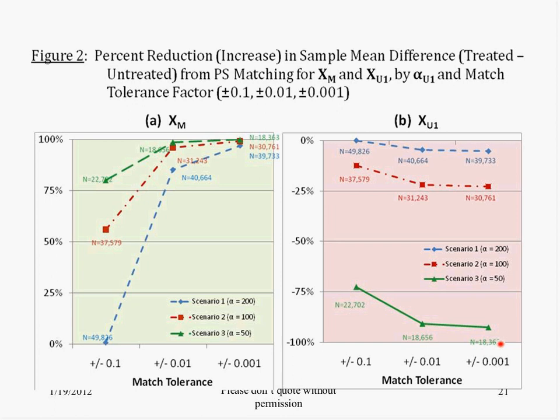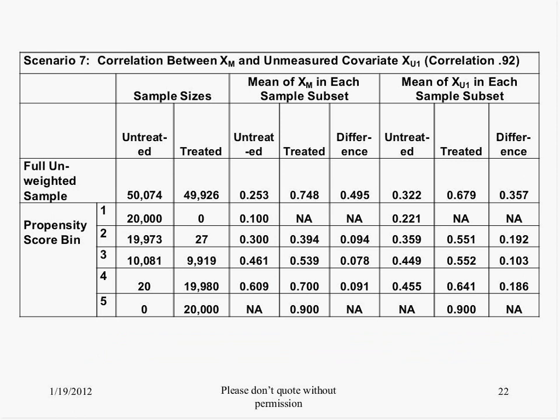The reason for that is that the less variation there is available in treatment choice from the unmeasured covariates, the harder it is to find enough variation to find matches, because people aren't randomly moving around. So you may be asking, what about the other scenarios? The first three scenarios had correlations between the unmeasured and measured covariates.